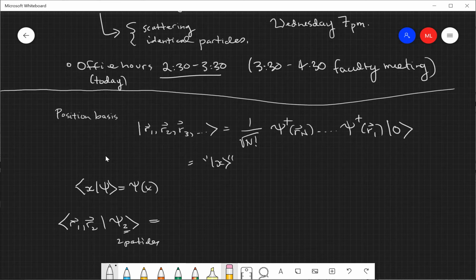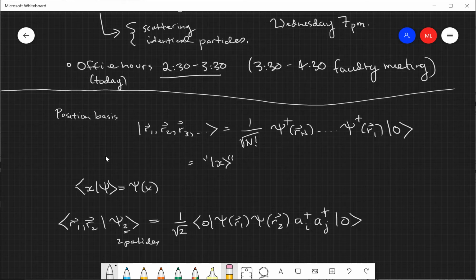And so we can write this basis vector as 1 over square root of 2 times the vacuum, and then since this is the bra, we have to turn the psi's to their complex conjugates. So you have psi R1, psi R2. And then for the state, let's just say we're going to pop in a particle in state I and another one in state J.